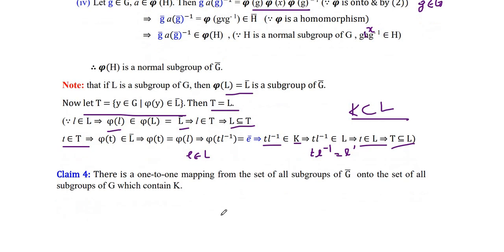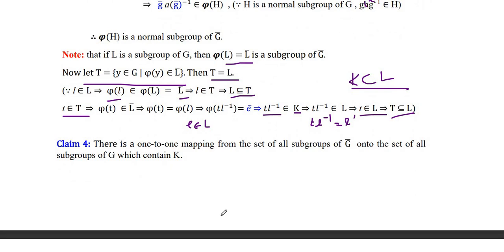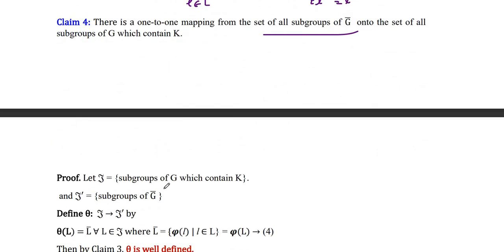Now we have in the fourth claim that there is a one-to-one mapping from the set of all subgroups of G bar onto the set of all subgroups of G which contain K. We shall denote by tau the subgroups of G which contain K, and tau prime to denote the subgroups of G bar.